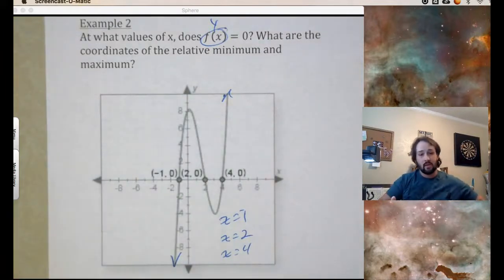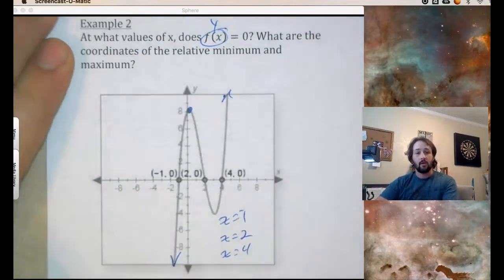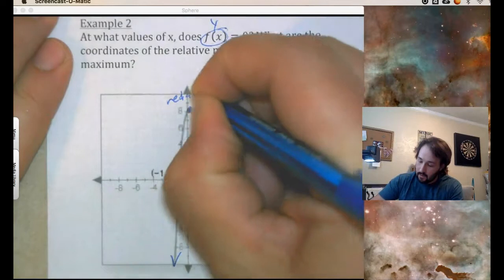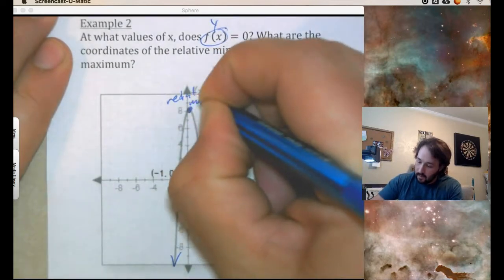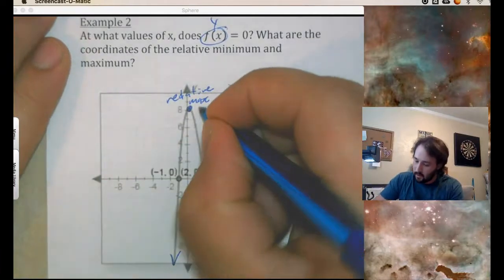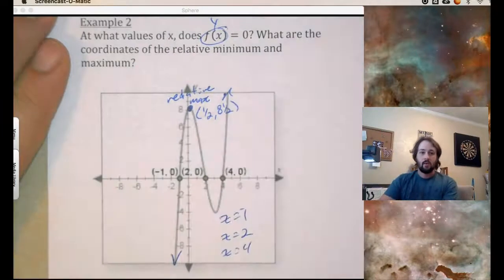So what the relative does is tells us there is a high point on the graph, right about there. That is called a relative maximum, and I would say this is the coordinate, maybe 1/2, 8.5 or something like that.